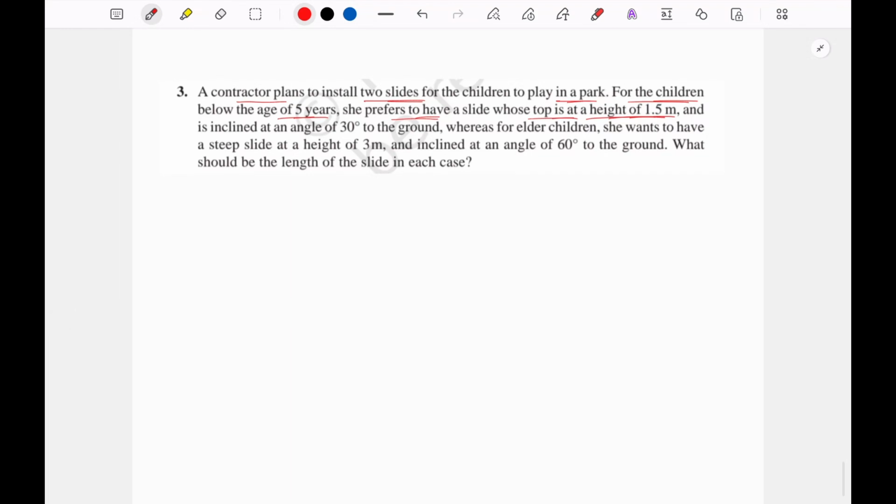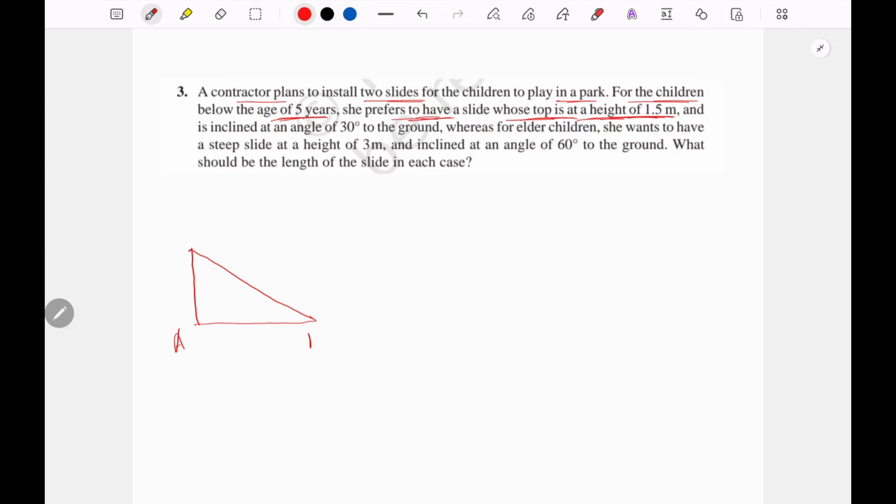What it says is that a contractor plans to install 2 slides. The first slide is for below the age of 5 years, she prefers to have a slide whose top is at 1.5 meter. So suppose this is the first slide whose height is 1.5 meter. This is the height.